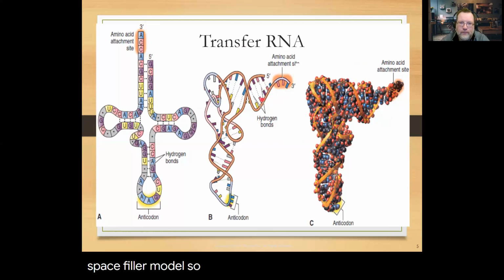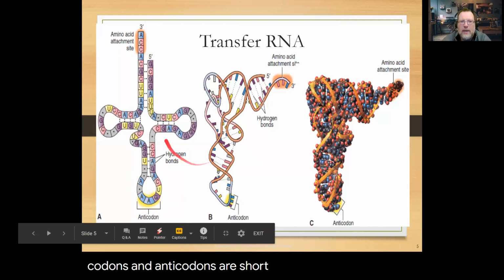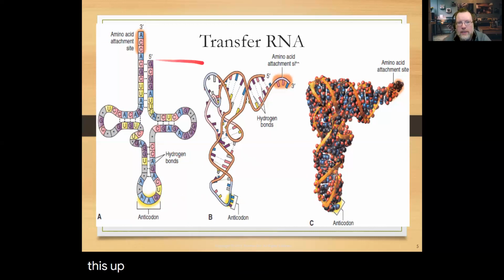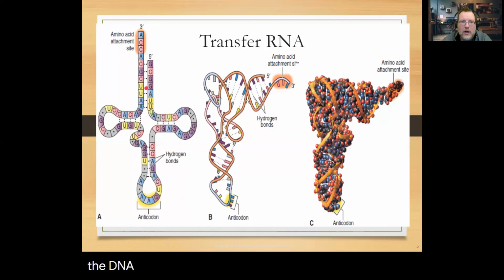So you can see that ribbon, the amino acid attachment sites. An anticodon, we'll talk about what codons and anticodons are shortly. Again, really, I just threw this up here so you can see there are different ways of representing both DNA and RNA, primarily thinking about the DNA and RNA organization of all of these proteins.